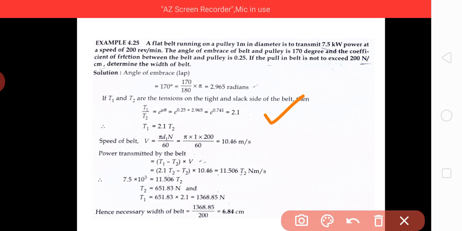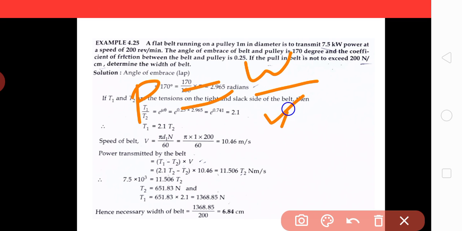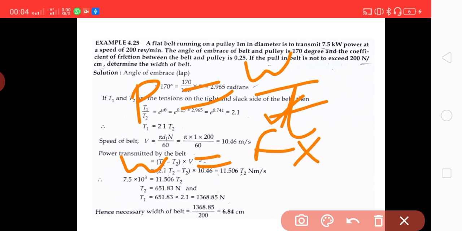Power transmitted is given by this formula. This is the simple formula that you learnt in your 11th standard physics. Power is the rate of doing work, P equal to W upon t, and W equal to F into distance.